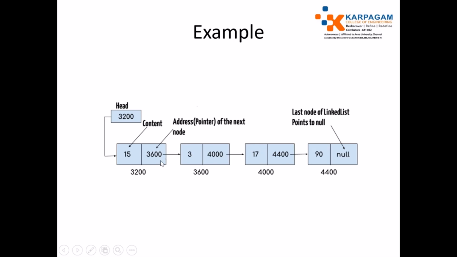For example, we have different memory blocks, one memory block which has starting address 3200, another memory block having the starting address 3600, 4000, 4400 respectively.